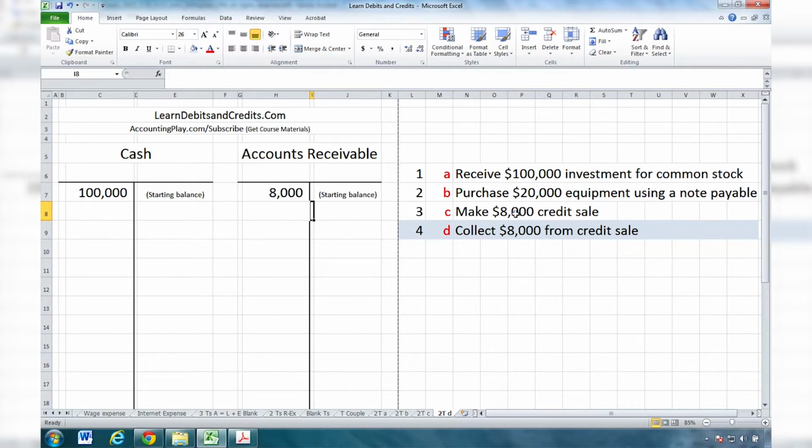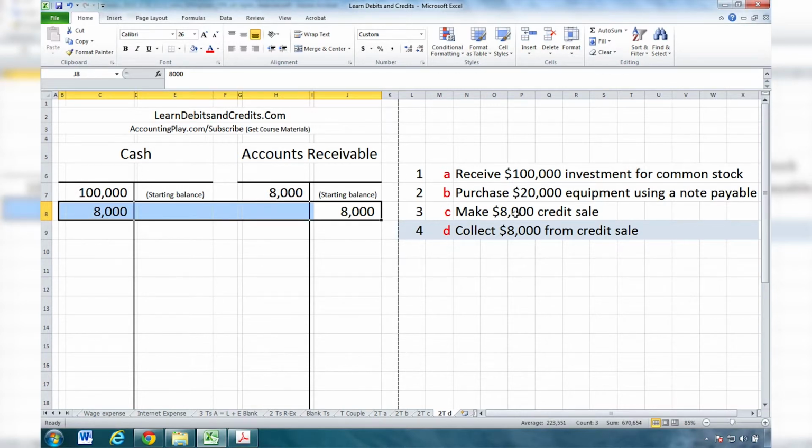So we know we should always start thinking about cash, right? So let's think about cash. Debit cash. Should we debit, collect? Okay, yes. 8,000. Wonderful. Now accounts receivable, check it out. We are crediting, reducing it. So we're trading an asset for an asset.